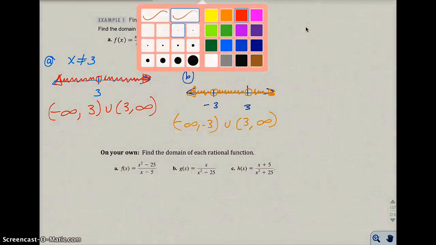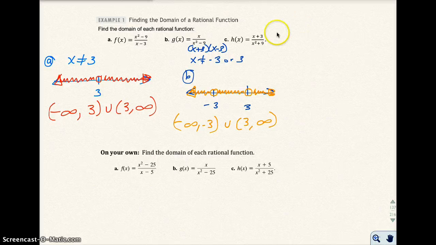The last example: we don't want the denominator to equal 0. So we don't want 8x squared plus 9 to equal 0. Well, no matter what I put in for x, when I add 9 to it, it's never going to equal 0. I can't factor this at all. Say I put 1 in here: 1 squared is 1, plus 9 is 10.